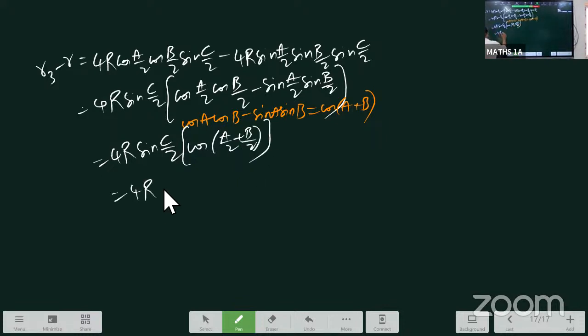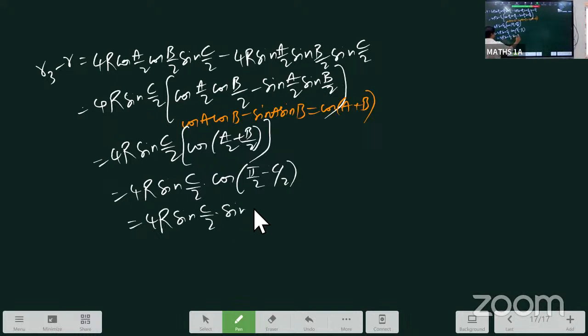That is 4R sin C by 2 cos, this A by 2 plus B by 2 is pi by 2 minus C by 2. 4R sin C by 2. This is again sin C by 2. 4R, this is sin square C by 2.